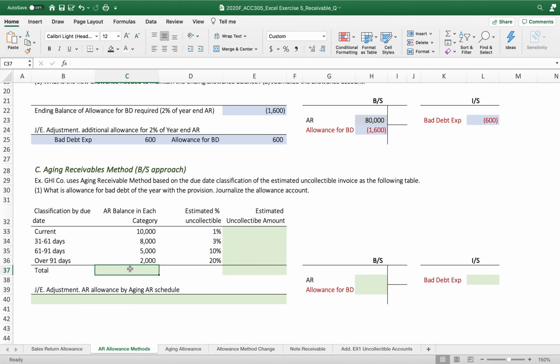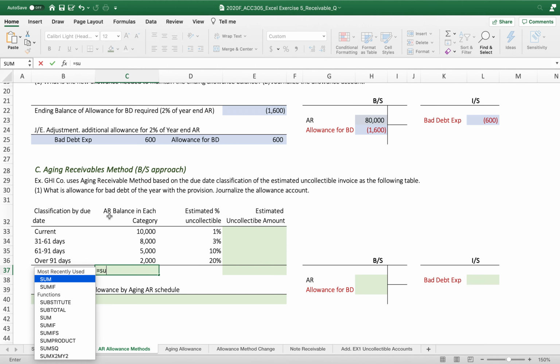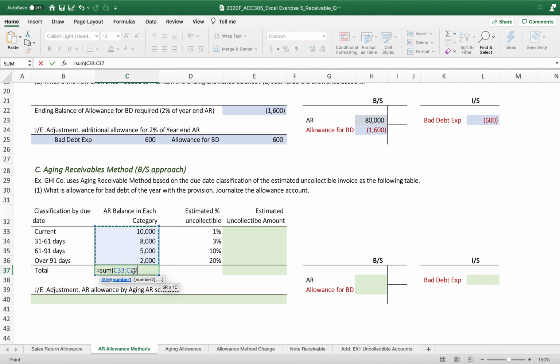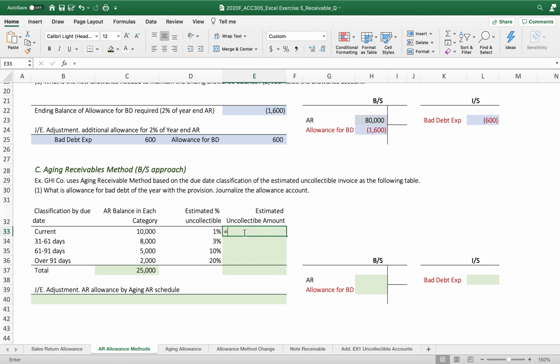Okay, here we can sum up the AR balance in each category. So the total balance of AR is 25,000, and the current balance of AR times the estimated uncollectible percentage gives an amount of $100.